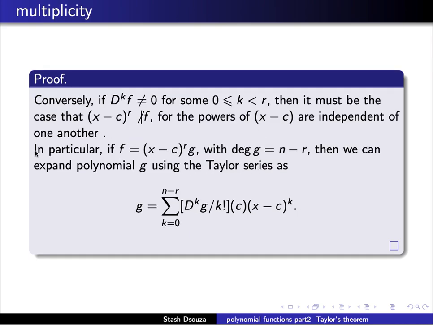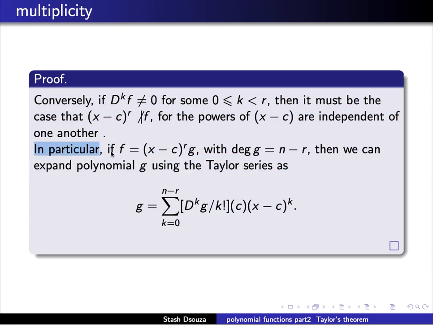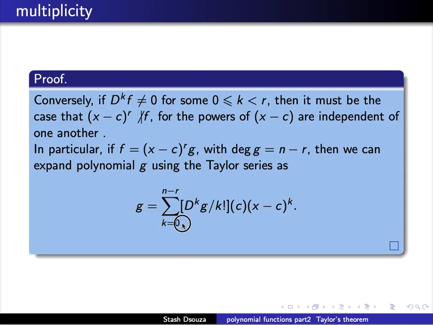In particular, now we expose this a bit more and flesh out the details. In particular, if f equals the product of x minus c to the power r times g, with the degree of g equal to n minus r, then we can expand the polynomial g again using the Taylor series as the sum of increasing powers of x minus c with index k from 0 to n minus r.